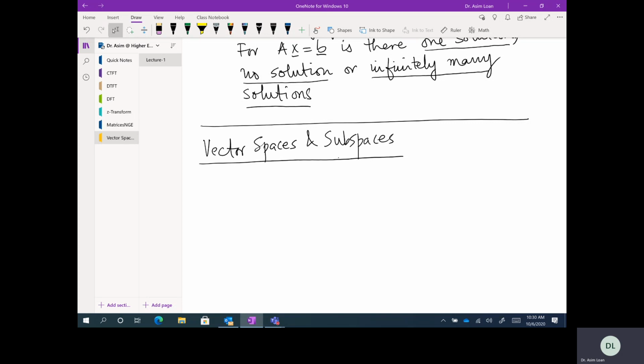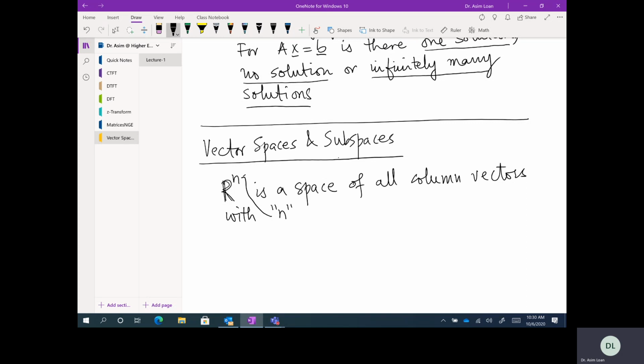So what is R^n, R^m? R^n is a space, sometimes written with a fancy R like this. R^n is a space of all column vectors with n components. This n is over here.